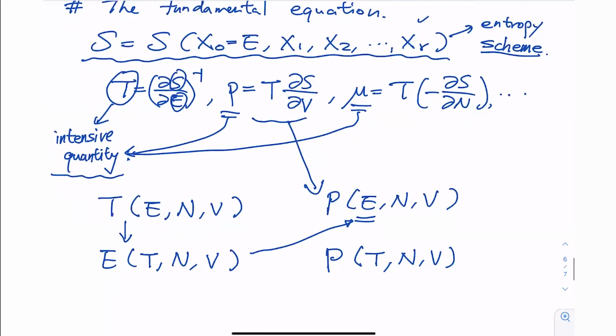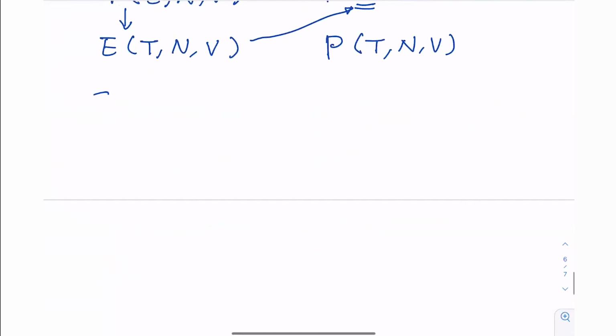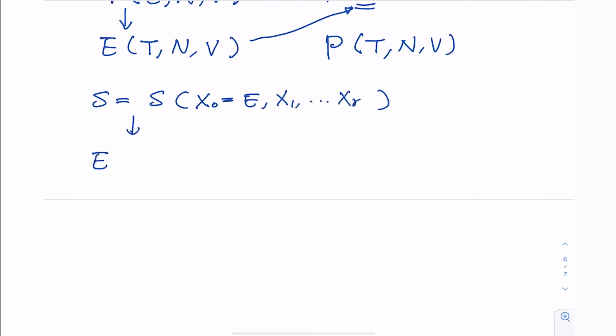But there's an equivalent statement. Basically, we described the fundamental equation using the entropy as our variable, and we want to change that to use the internal energy to describe our system.